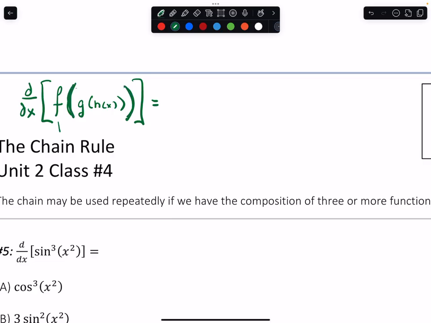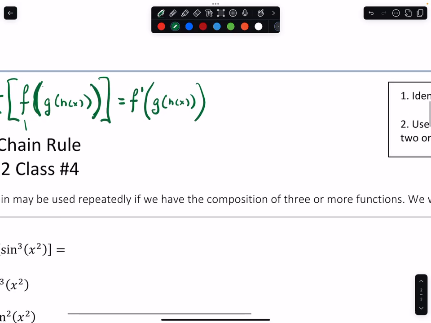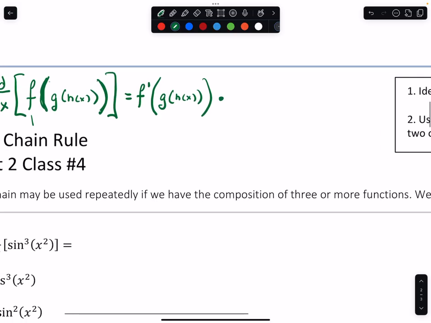So I differentiate the outer function. F becomes f prime, but I leave the inner stuff alone. Okay, I got a bit more to do though. I'm working my way in. I'm putting a times, by the way. You're always multiplying when you use the chain rule.